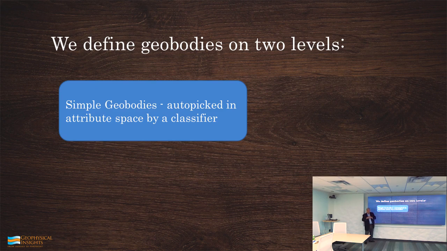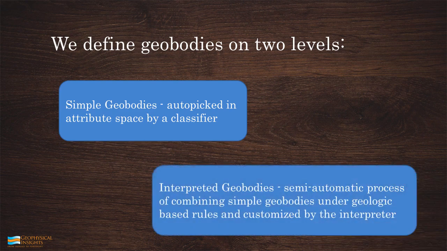Now, we're not auto-picking a seismic reflection horizon. It's not looking for a common wavelet until it hits the fault. Then we'd have to look up or down. No. What we're doing here is auto-picking a classification that has some closure to it. It's three-dimensional. And we keep going and find how big it is and where it is, that sort of thing. So these are all simple geobodies, which are the next level of auto-picking, but using machine learning.